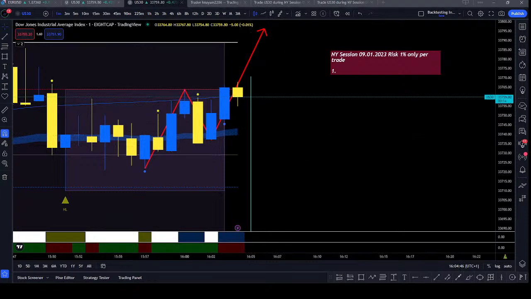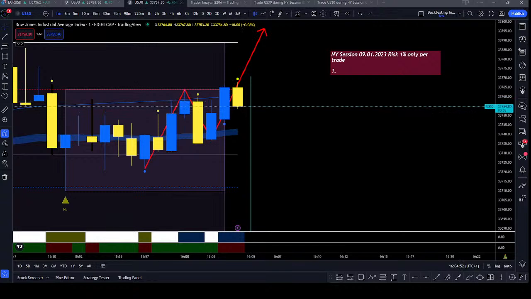Nothing yet. The market is just right now taking the emotion.